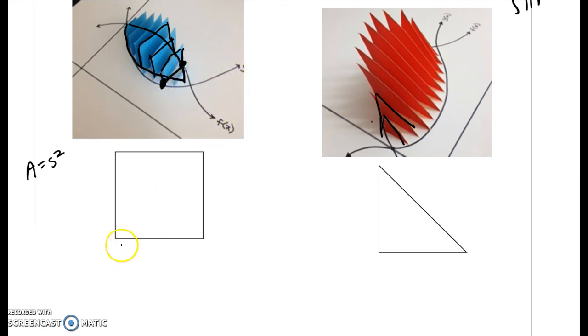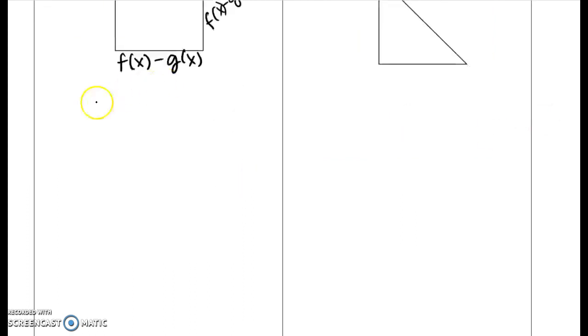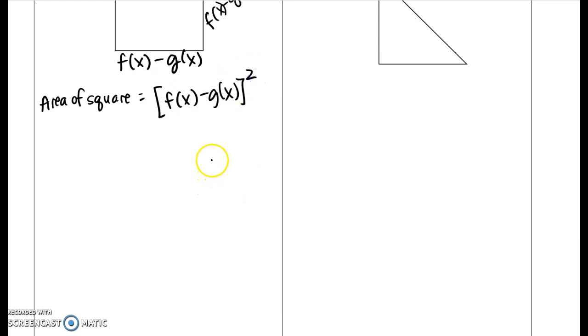So the base is going to be f of x, the top graph, minus g of x, the bottom graph. And if this is a square, then this side will also be f of x minus g of x. So the area of our cross section, the square, will just be f of x minus g of x quantity squared, just side squared.